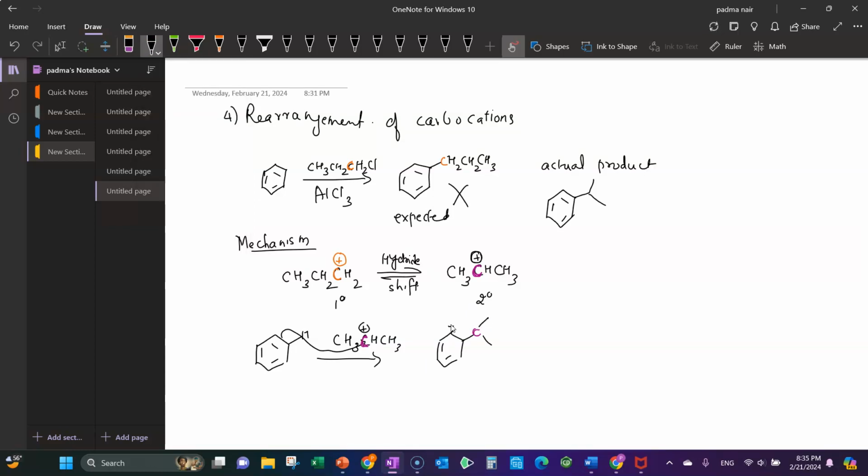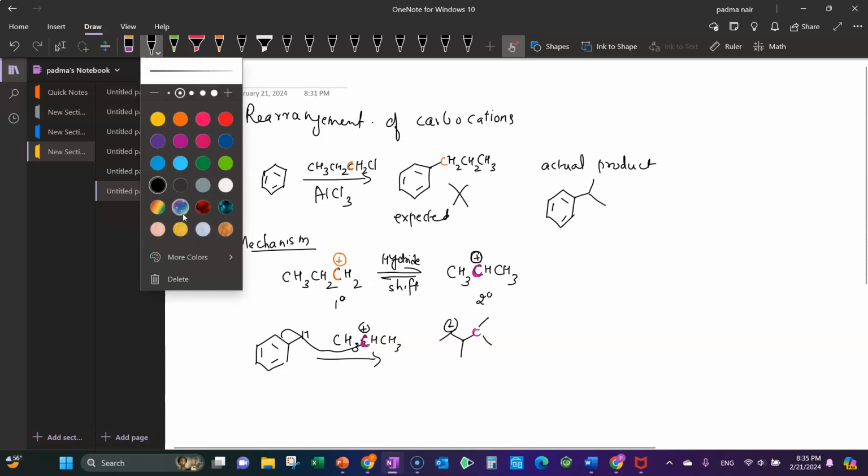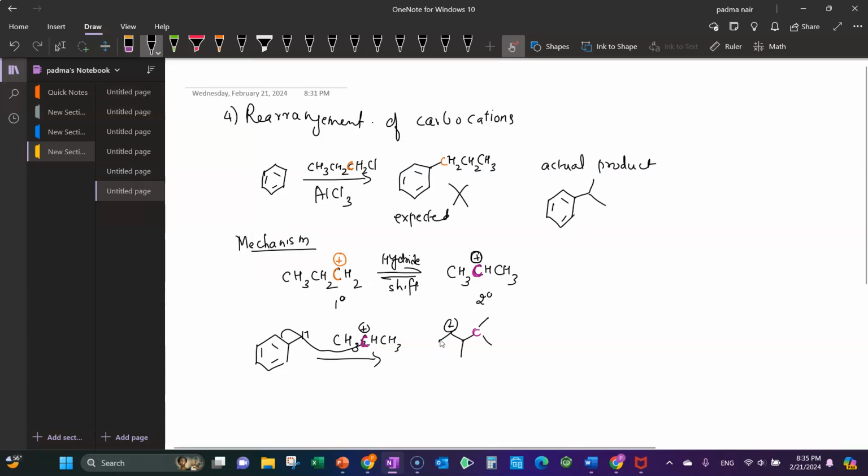So we have the sigma complex. I'm not going to draw the resonance structures because I think you understand now. And then finally, it gives the product, which is an isopropyl benzene.